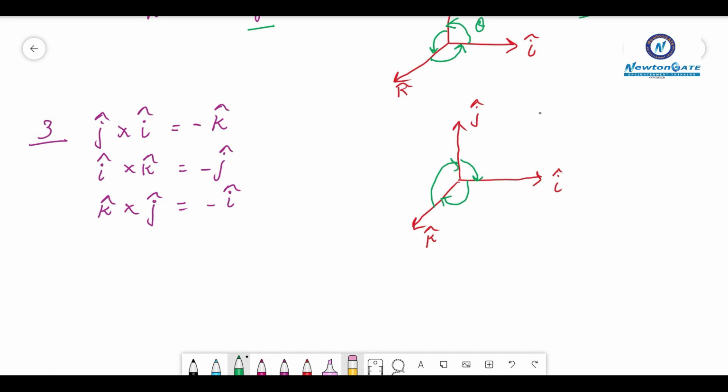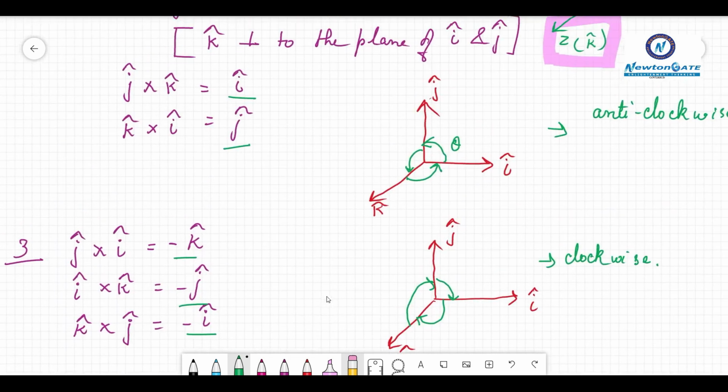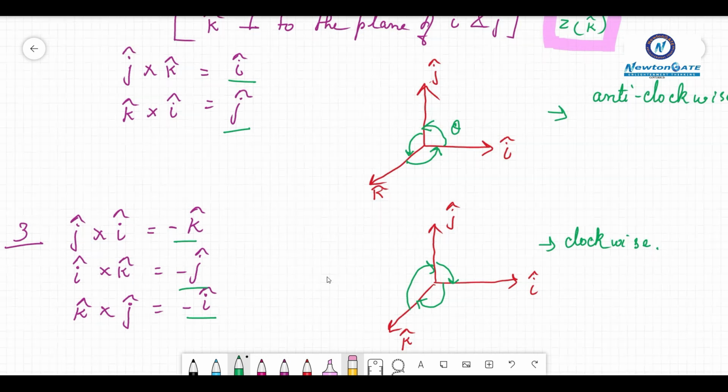So if my direction is clockwise, then the values will all be negative. For the cross product, you have to remember this. This is a very important part when we find the value through cross product.